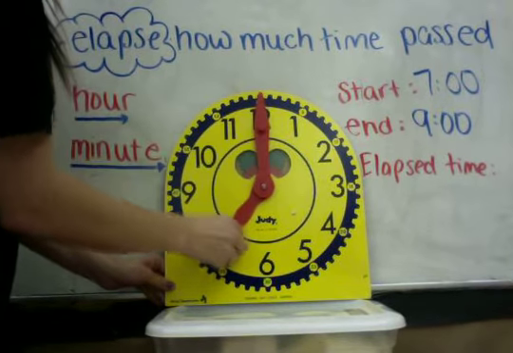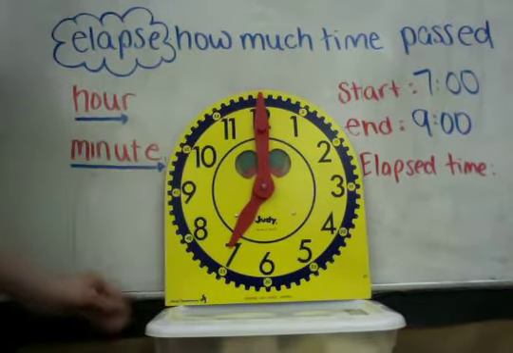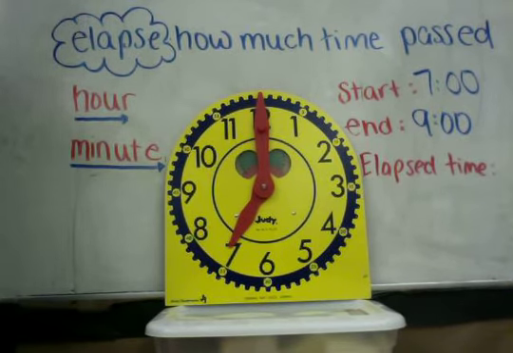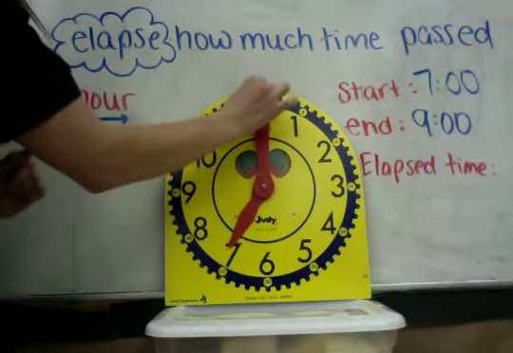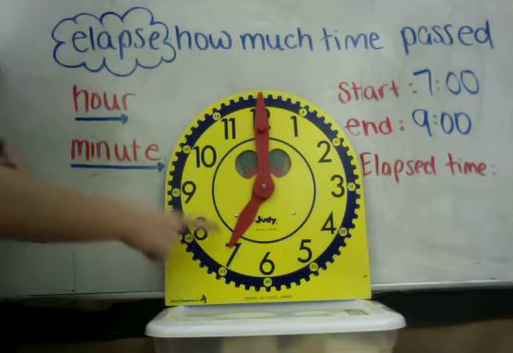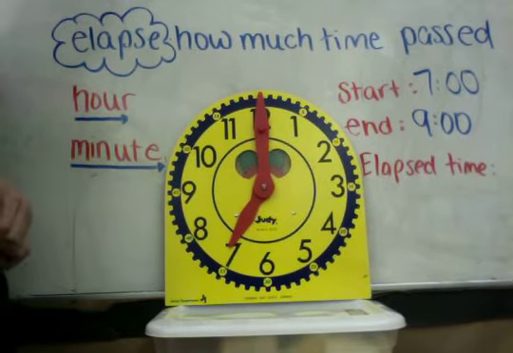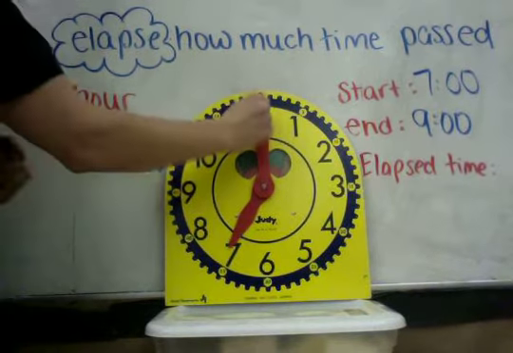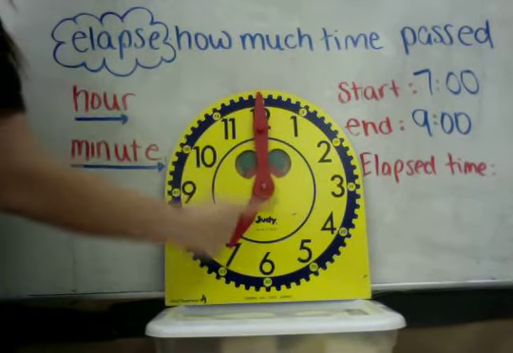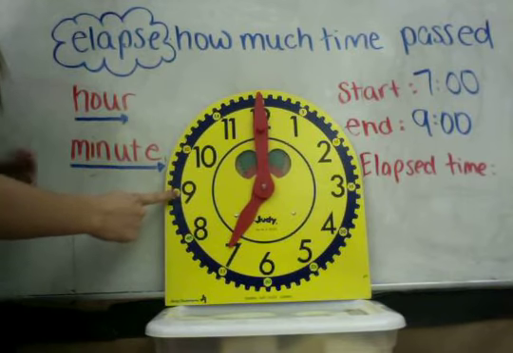And my minute hand up at the 12. This shows 7 o'clock. Now what I'm going to do is move my hand around the clock until I get to 9 o'clock. And we're going to count how many times I make it around the clock, which would be 1 hour, until I get to 9 o'clock.